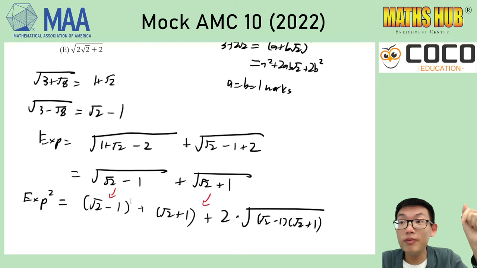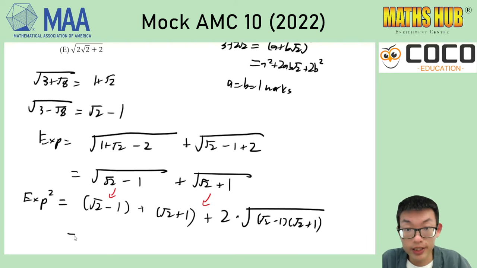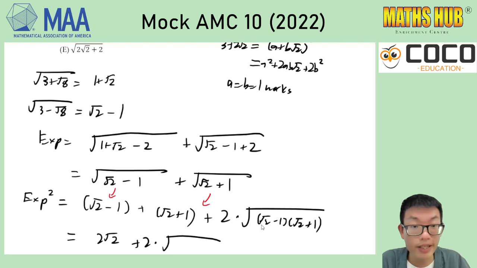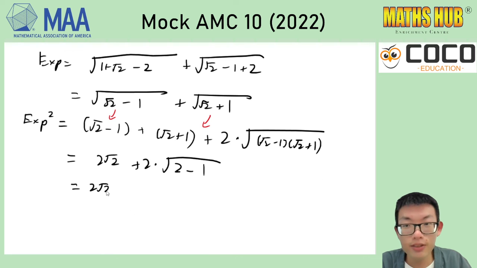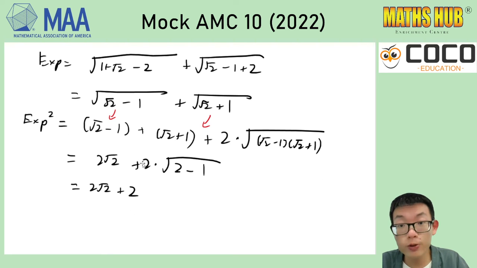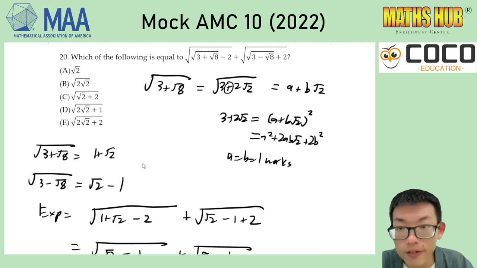Conjugates are when you flip the sign on the square root. This one is kind of almost a flip, but it's good enough because something will cancel out here when you add them, and also something will cancel out here by difference of squares. You get square root 2 squared, which is 2, minus 1 squared, which is 1, and square root of 1 is 1. So the expression squared is 2 square root 2 plus 2, and thankfully that's one of our options.